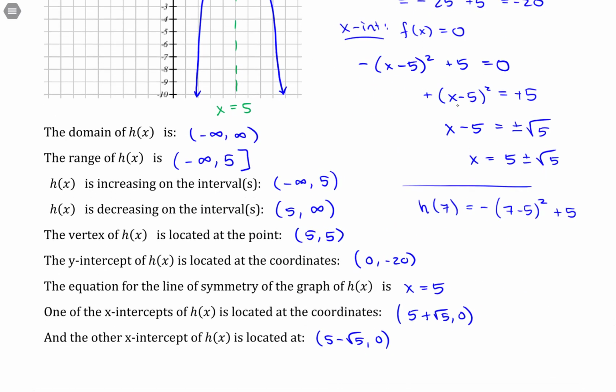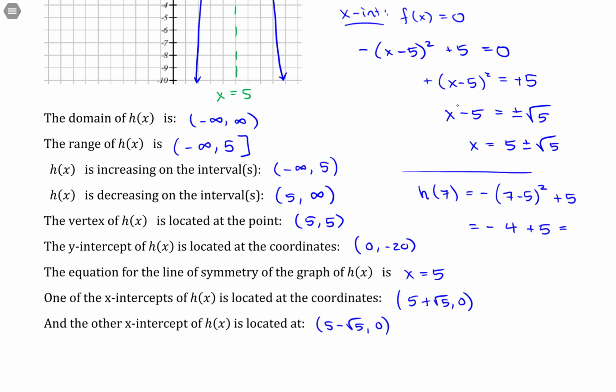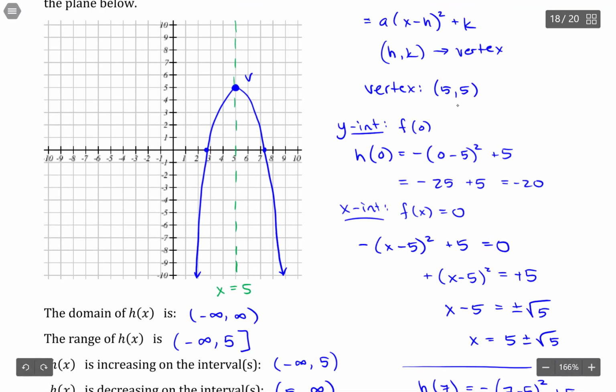Yes. So 7 minus 5 is 2, and 2 squared is 4, so negative 4 plus 5 adds up to 1. That means I have the point 7, positive 1 on my graph. If you'll notice, you actually got pretty close to that. That's that point right there. So there's an easy way of determining another point that you can use to make the graph online. You would select the vertex first and then the point 7, 1, and the computer would draw the rest of the parabola in for you.